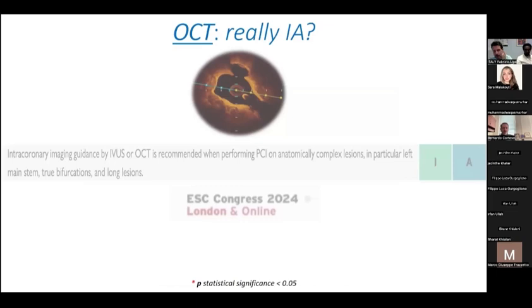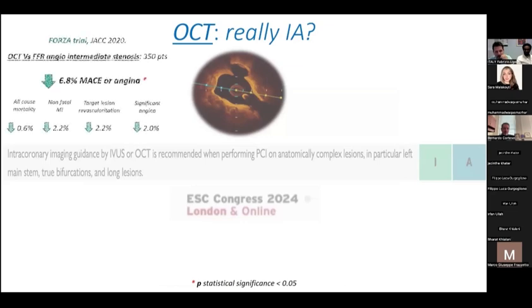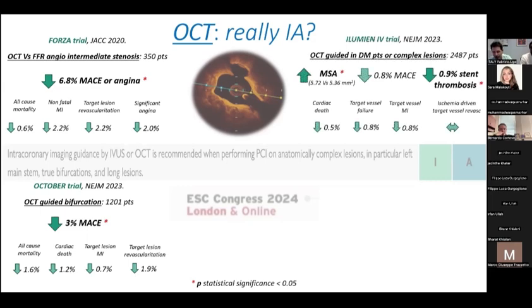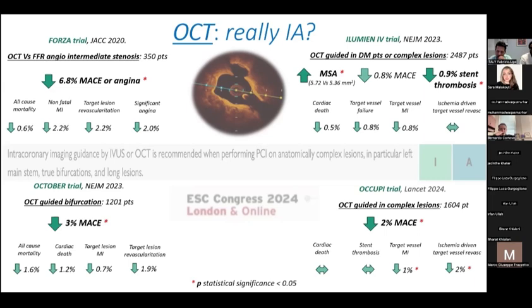And I would like to conclude this part. You anticipate me, because the imaging, the OCT, yes, but in general, bifurcation guided PCI reduces the MACE and stent thrombosis when we use the OCT or imaging. In complex lesions in general, with the OCCUPI trial, Lancet 2024, we reduce the MACE.